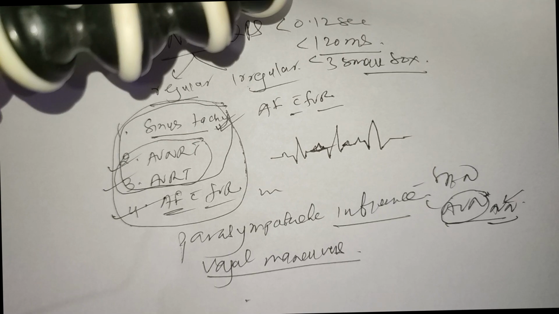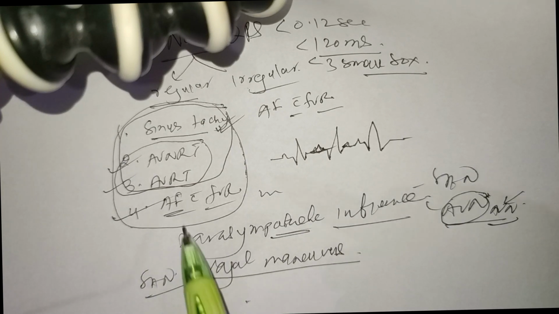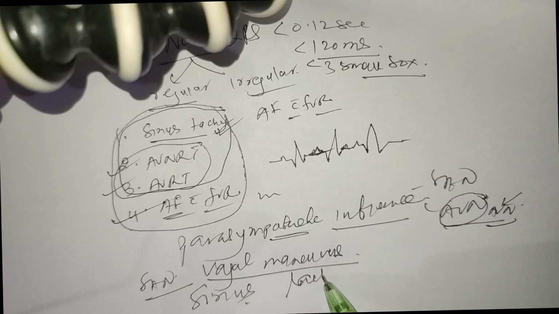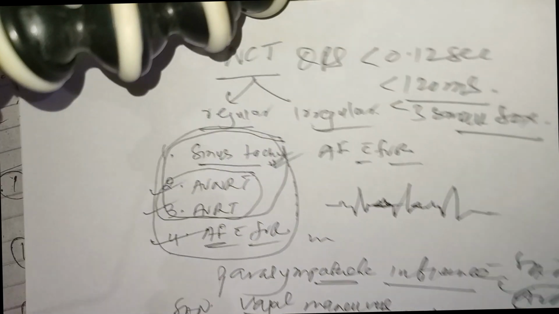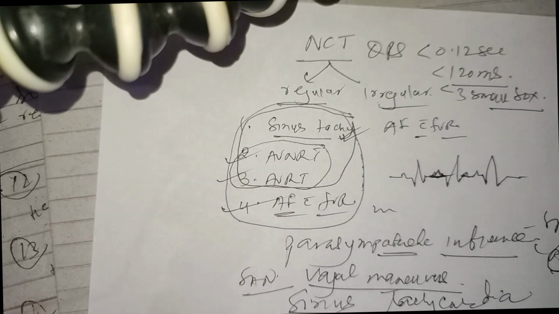So you might be wondering, with vagal maneuver there is parasympathetic stimulation on the sinoatrial node as well. So why does it not slow down or terminate sinus tachycardia? First of all, you have to understand why sinus tachycardia occurs. If sinus tachycardia is occurring in an individual, there should be an underlying cause, right? Either hyperthyroidism or sepsis or whatever the underlying cause might be.